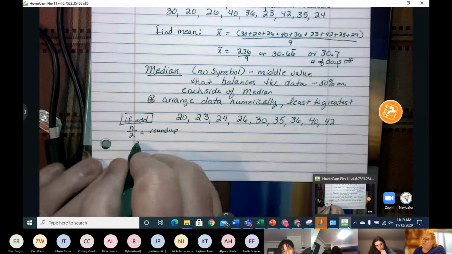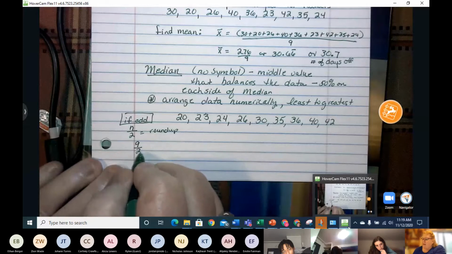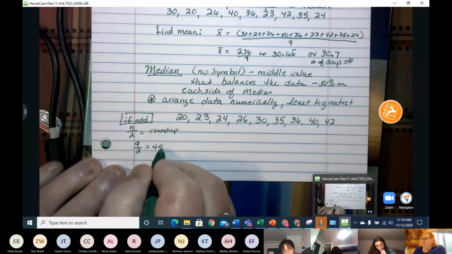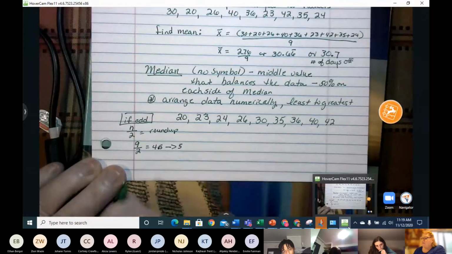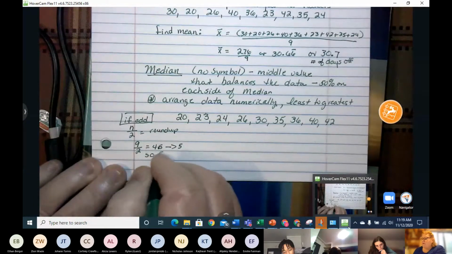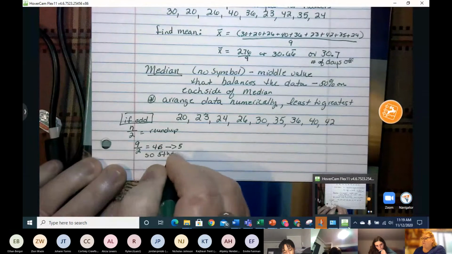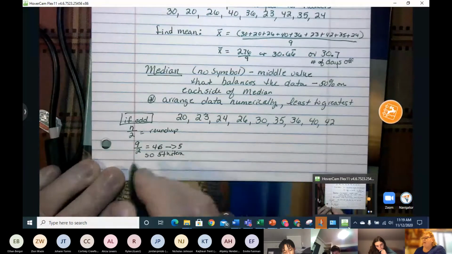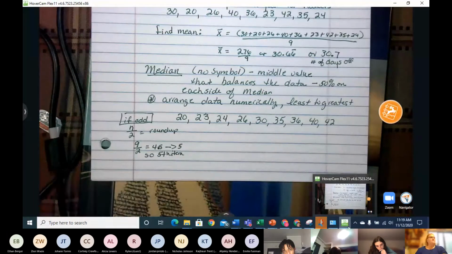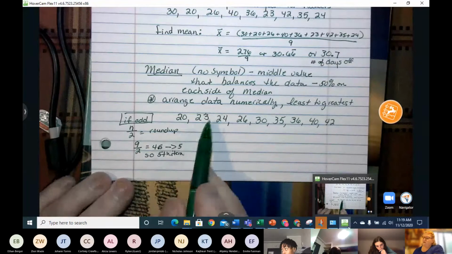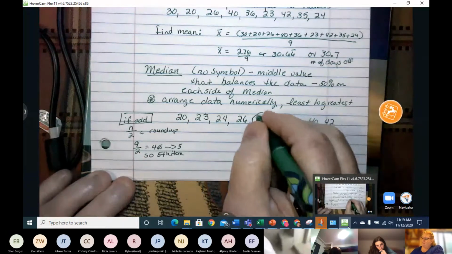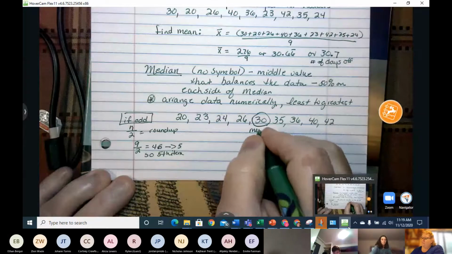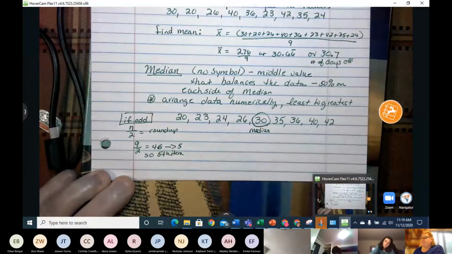So in this case, 9 divided by 2 is 4.5, and so I round that up to 5. So the 5th item in that list is the median. 1, 2, 3, 4, 5 is the median.